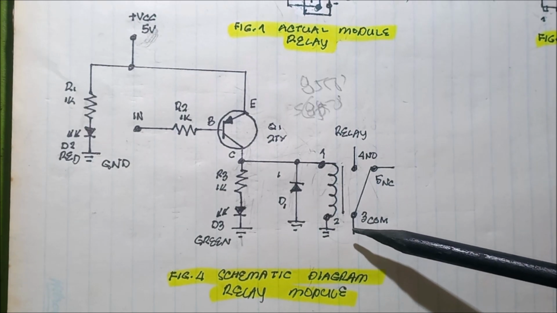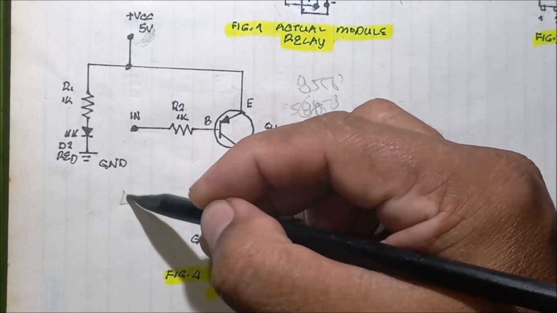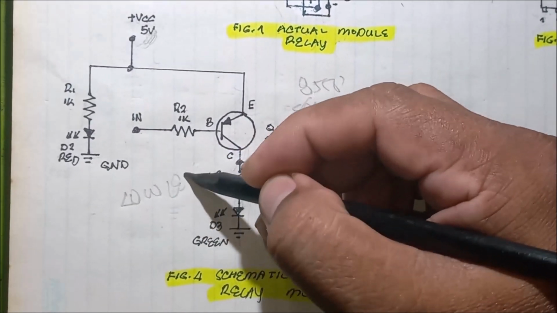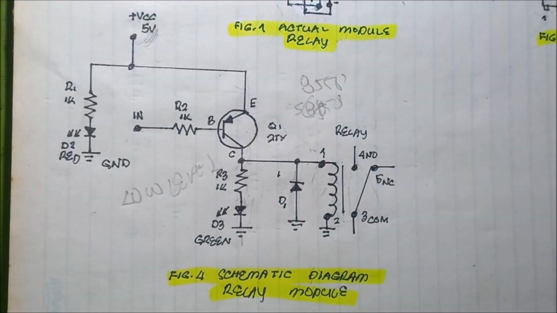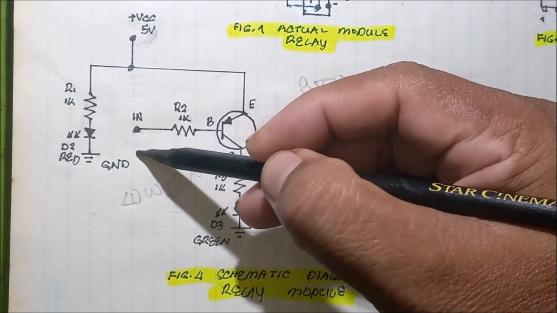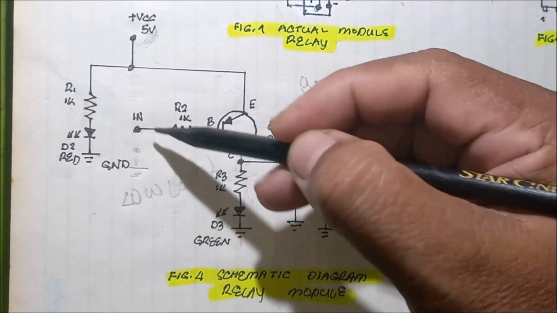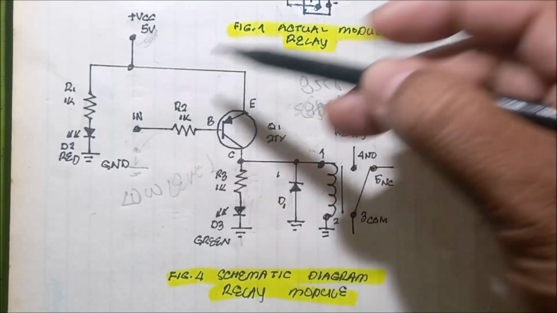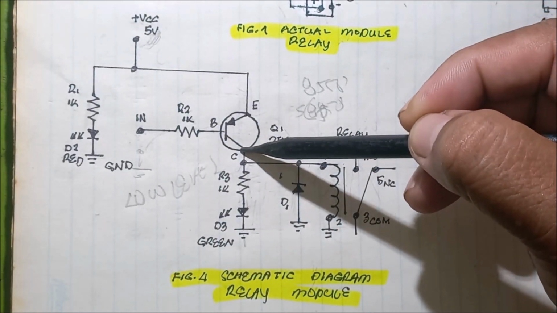It is low level. Low level triggering. Why is it low level triggering? Because we need to pull down to the ground this base so that it will function.